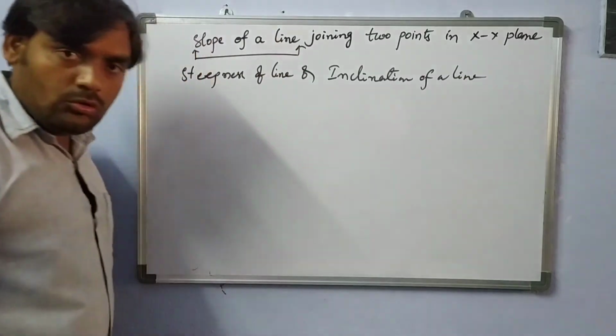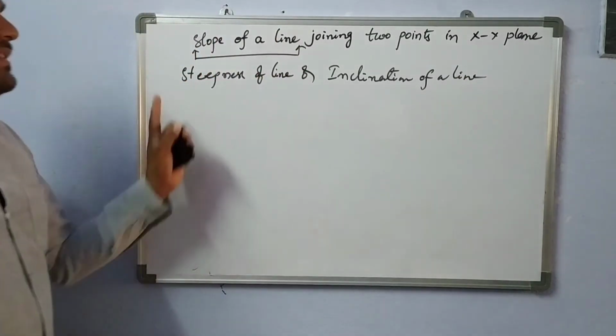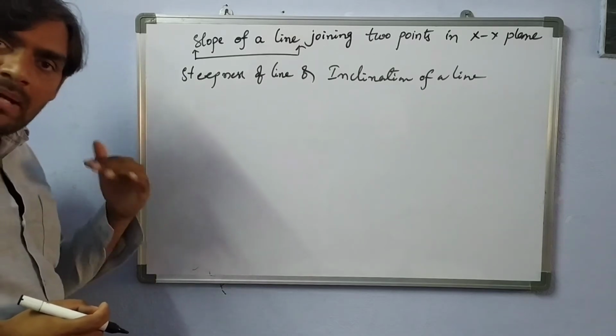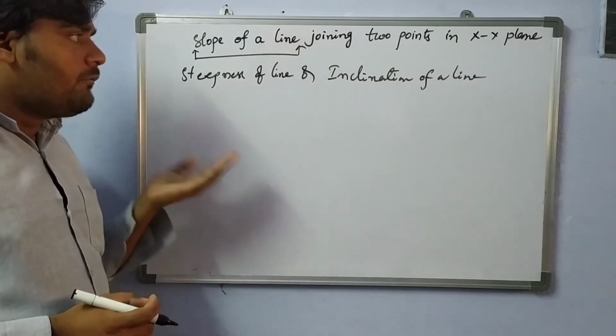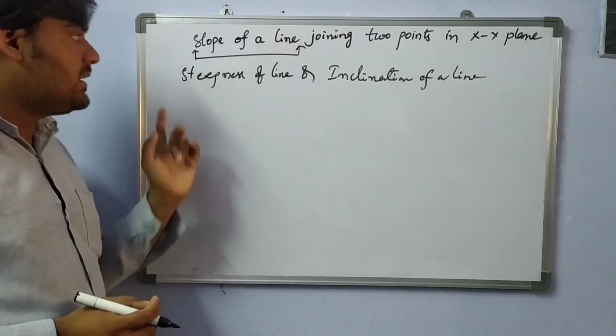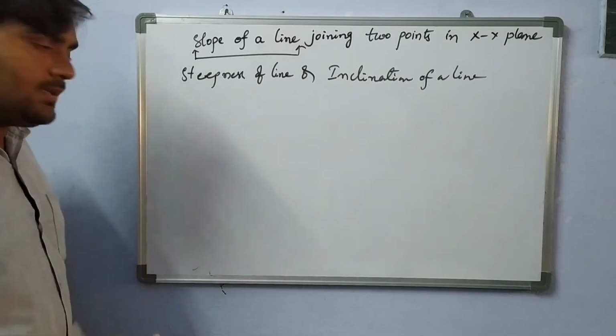Steepness of a line is nothing but the angle made by a line with the positive x-axis in anti-clockwise direction.